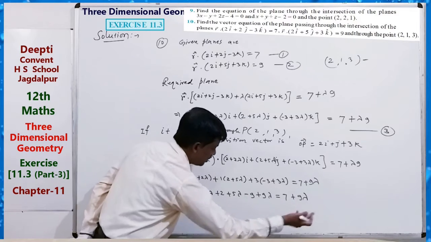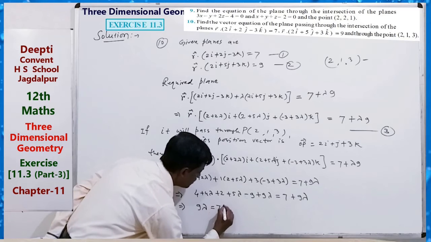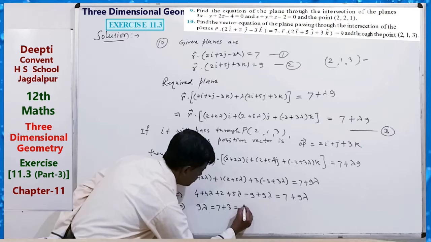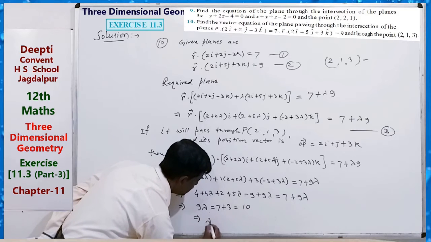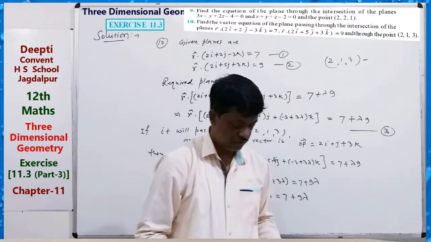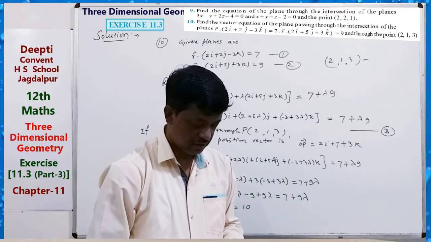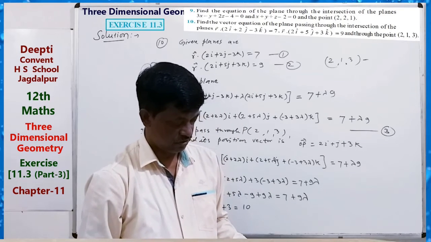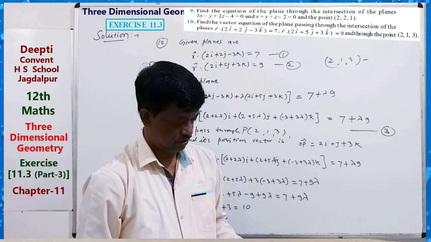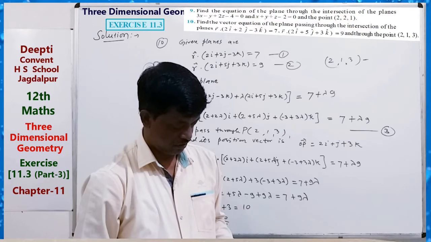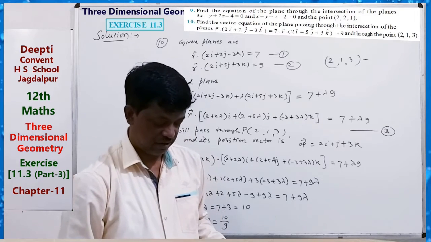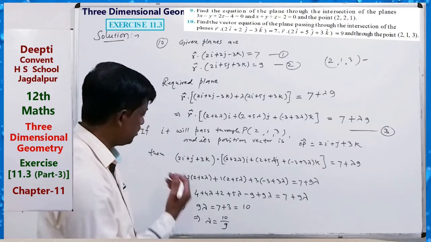Taking it to the right hand side, 7 + 3 equals 10, so lambda equals 10 by 9.